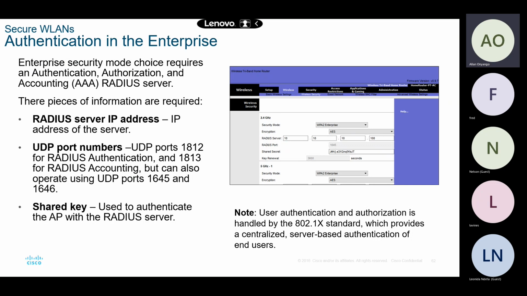with the RADIUS server. So an end device wants to connect to the network. It puts in the pre-shared key, which is sent to the access point, and the access point will send it to the RADIUS server. The RADIUS server will authenticate by confirming if the credentials that are entered are actually correct.